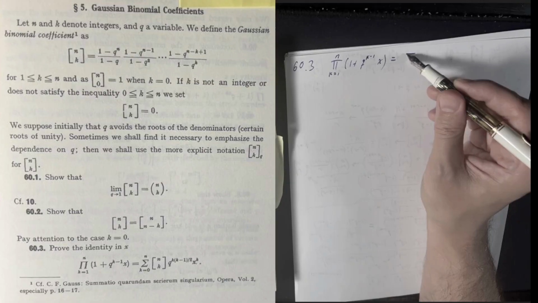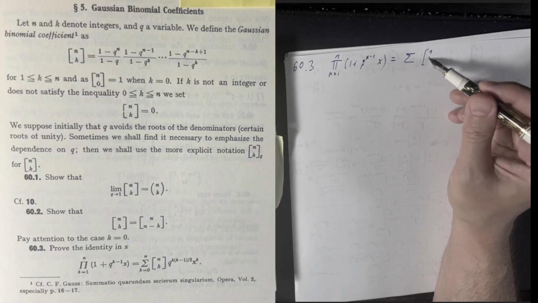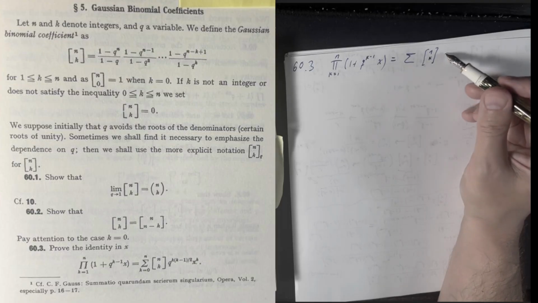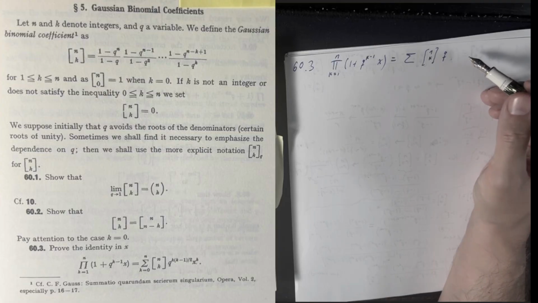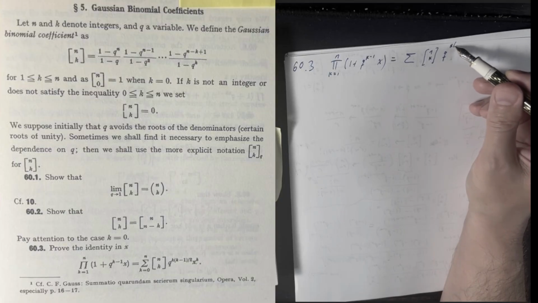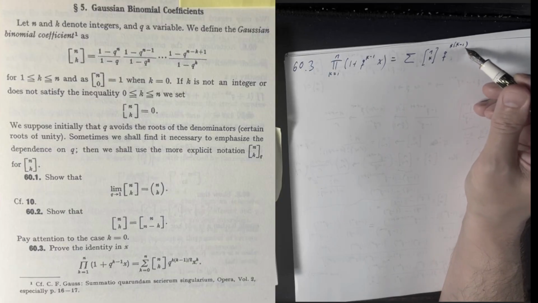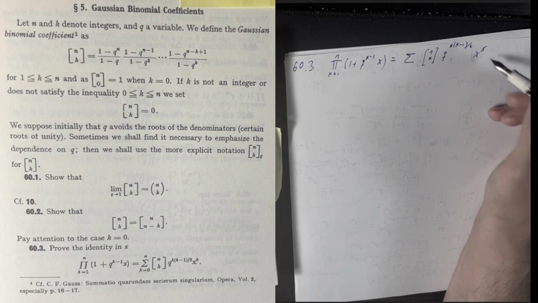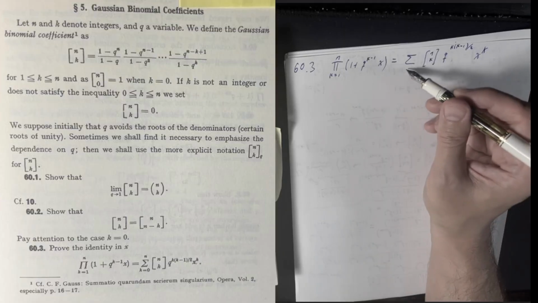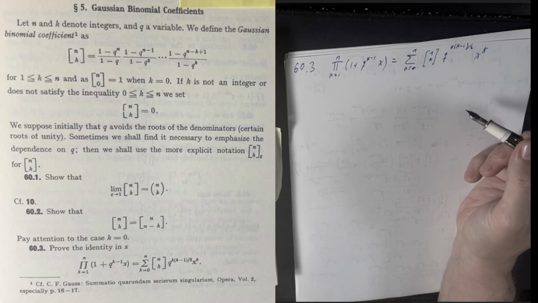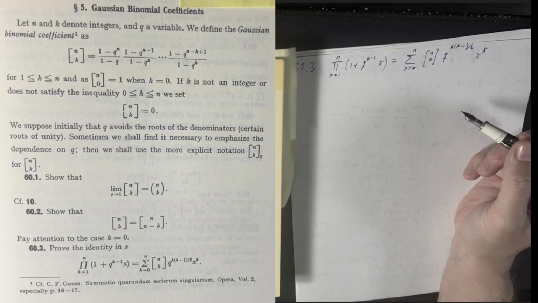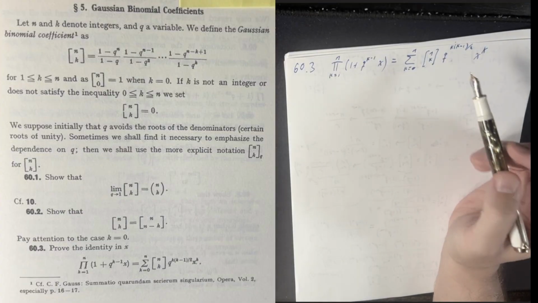Show that this is the same as the sum of these Gaussian coefficients, n choose k with base q, times q to the k choose 2, times x to the k, where k goes from 0 to n. Okay. That's interesting.